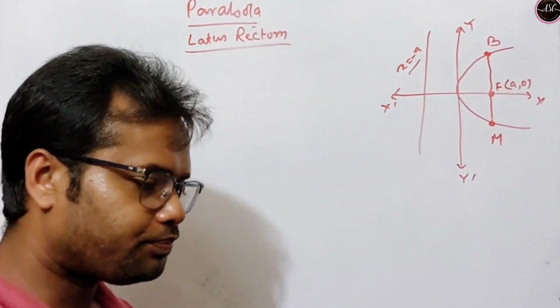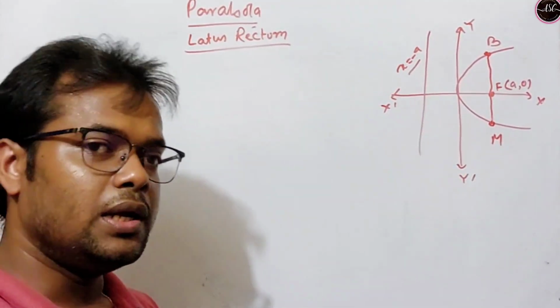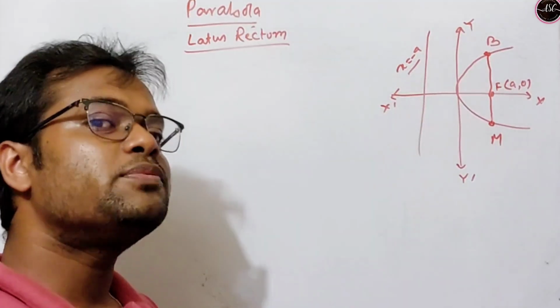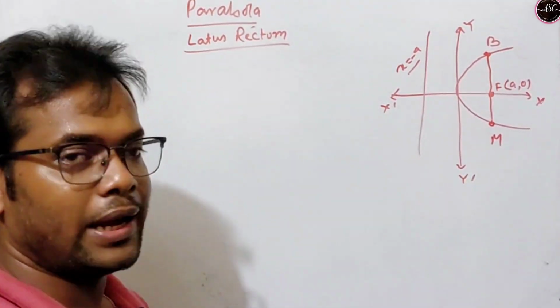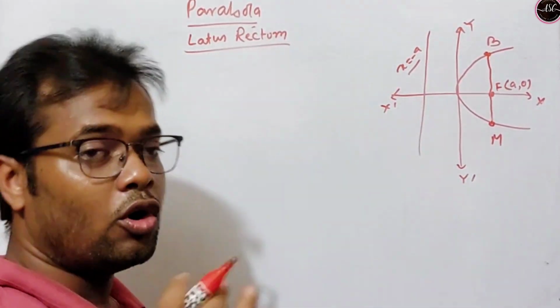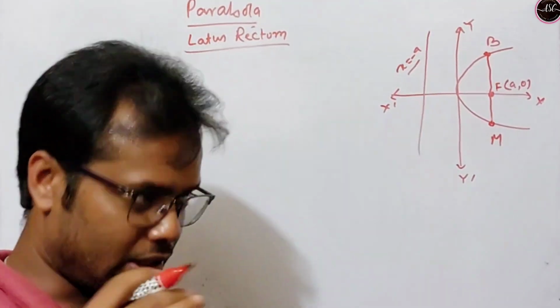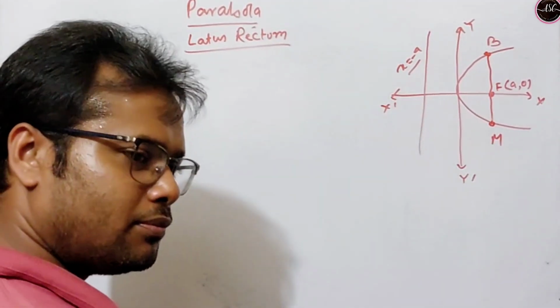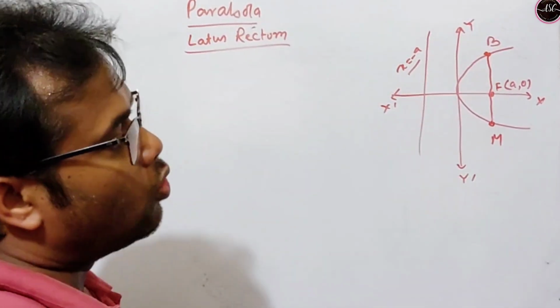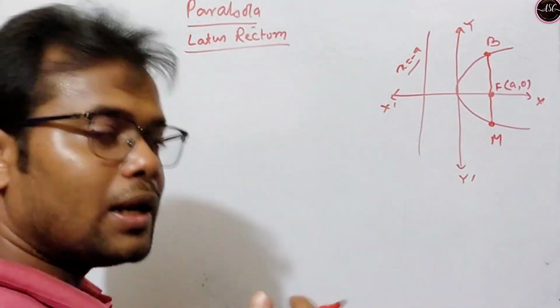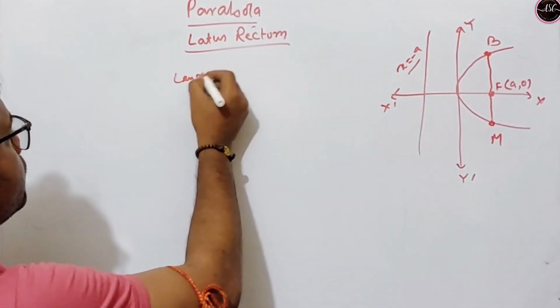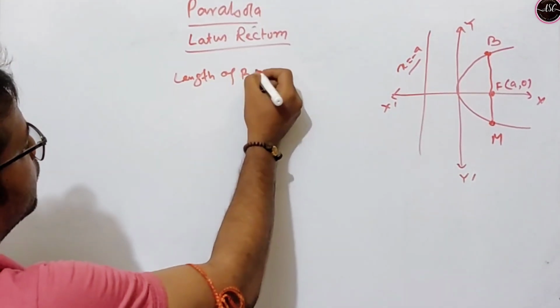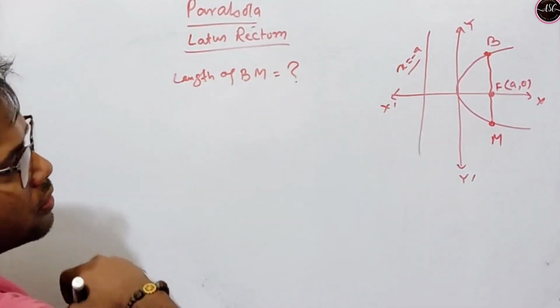That means the latus rectum is a line which is perpendicular to the axis of the parabola and whose endpoints are on the parabola. What is the length of the latus rectum, that is, the length of BM?